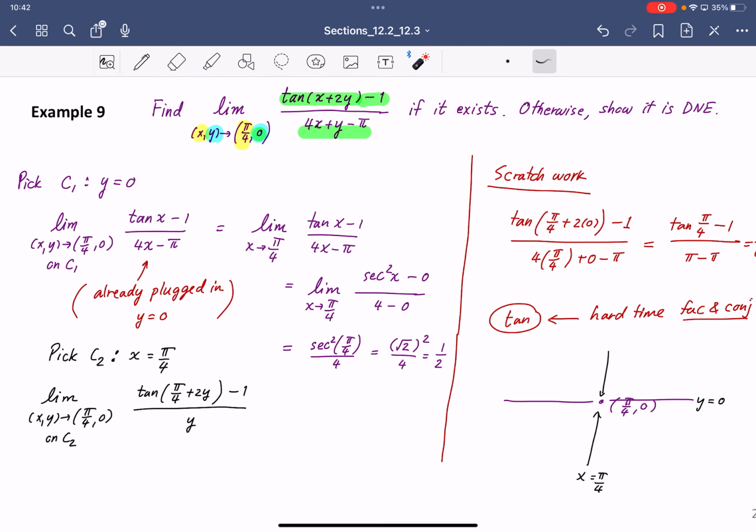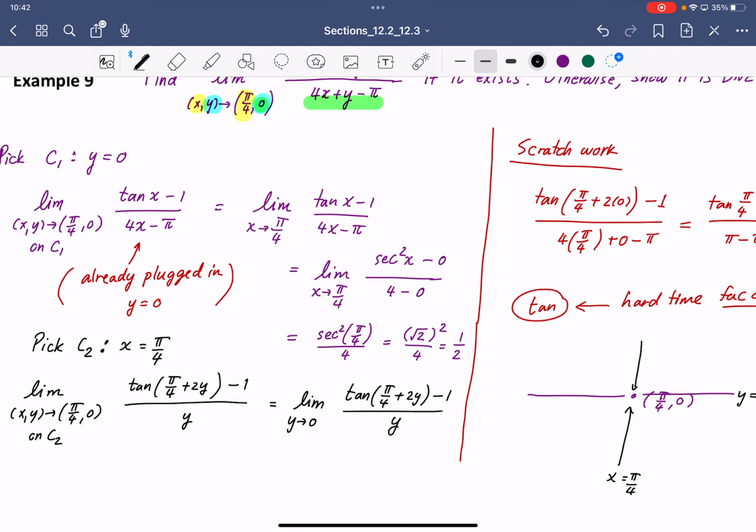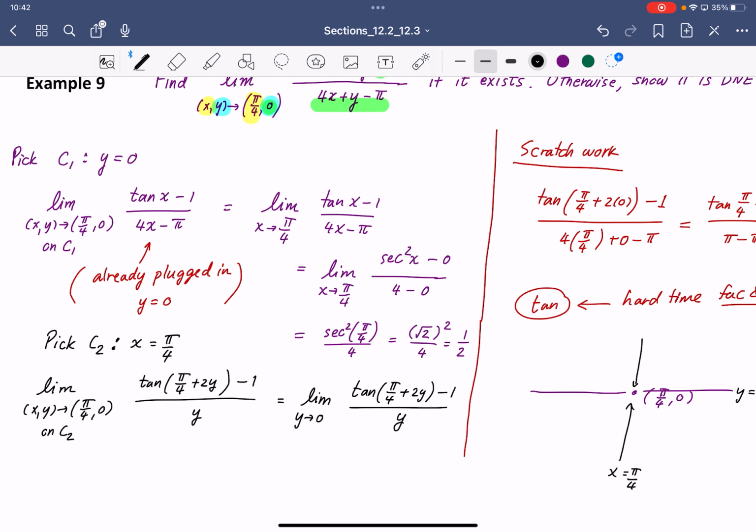Now again, this comes back to the limit as y goes to 0 of tan of pi over 4 plus 2y, minus 1, over y. This is one dimension now, because you have no x left, since you already plugged in x equal to pi over 4. So you use the L'Hopital rule one time.